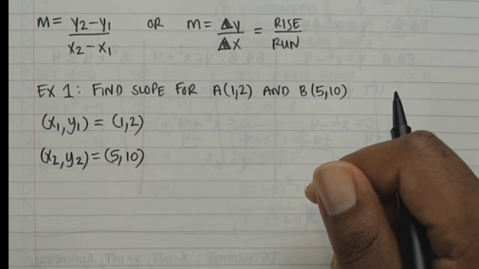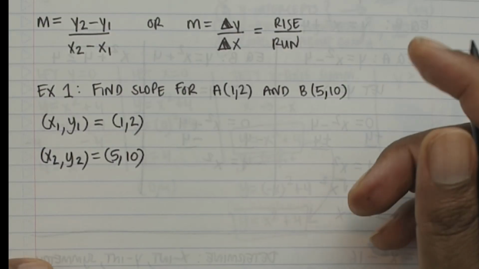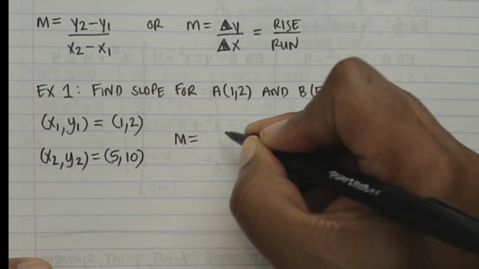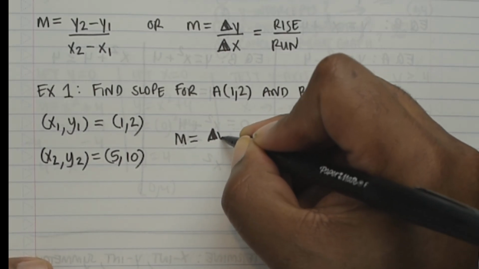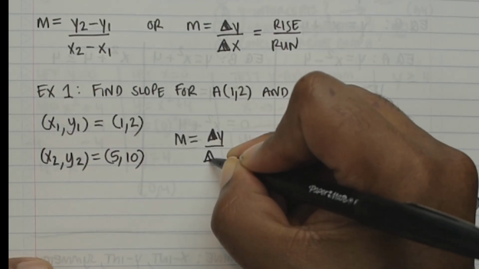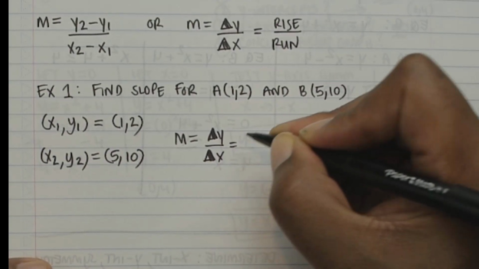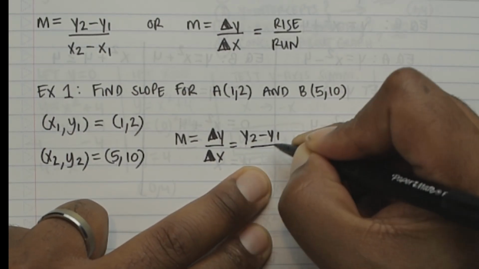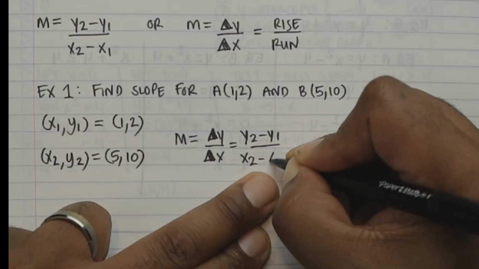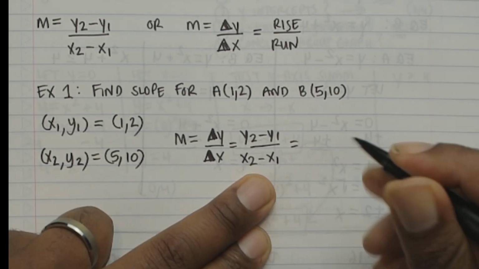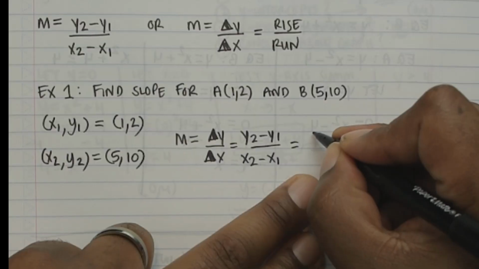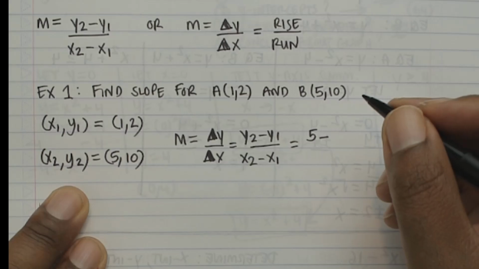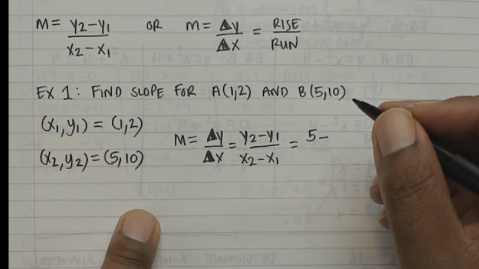Now, let's substitute this into the slope formula. So the slope formula, again, is m equals delta y over delta x, y sub 2 minus y sub 1 over x sub 2 minus x sub 1. So y sub 2 is 5 minus y1, which is 2.